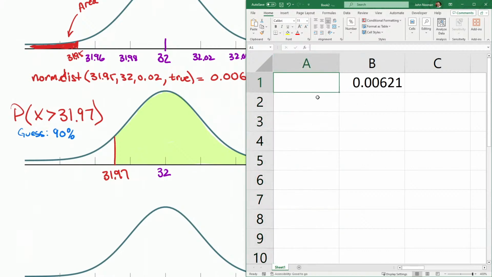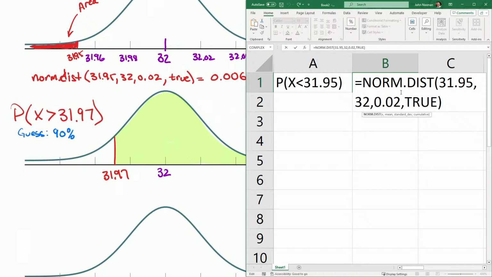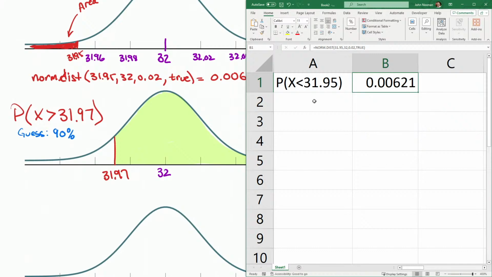Then I can write down, to keep track, the probability that X is less than 31.95. That number there was the probability that X was less than 31.95.